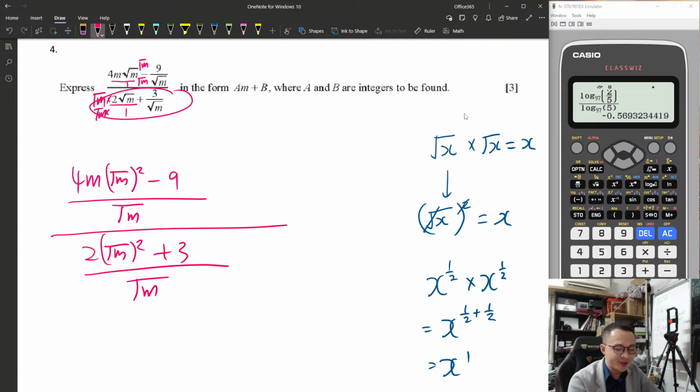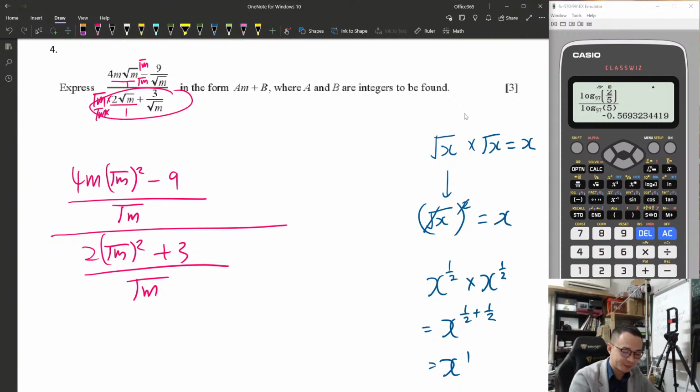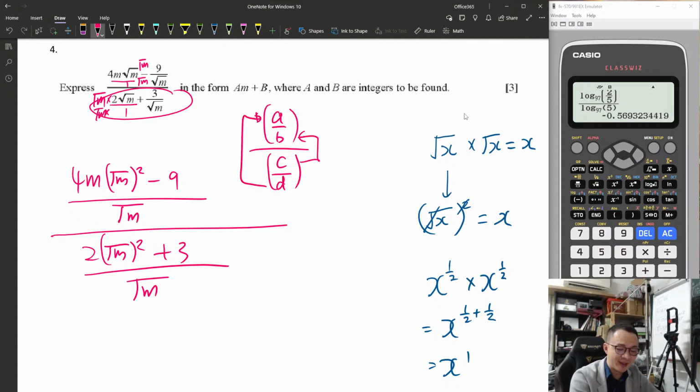And then both square root m at this position, we can simplify. One of the reasons we can do that is because later, if this fraction we flip over, you can just simplify it. Okay, so, am I doing too hard? Okay, if a over b divided by c over d, this one will multiply here, this one will multiply here.